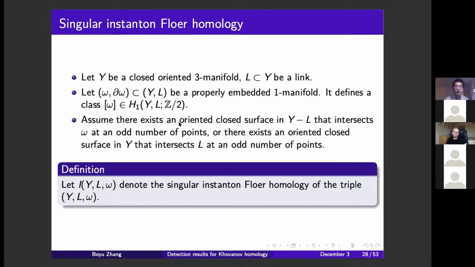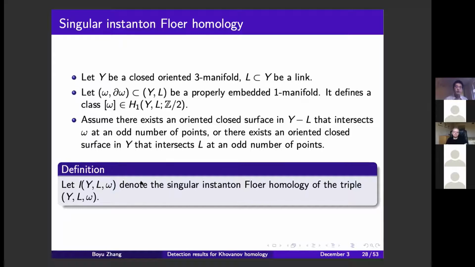And we need to assume that there exists an oriented surface in Y minus L that intersects omega at an odd number of points, or there exists an oriented closed surface in Y that intersects L at an odd number of points. So this is, again, just a technical condition to make sure that when we talk about the moduli spaces of critical points, there are no reducible solutions.